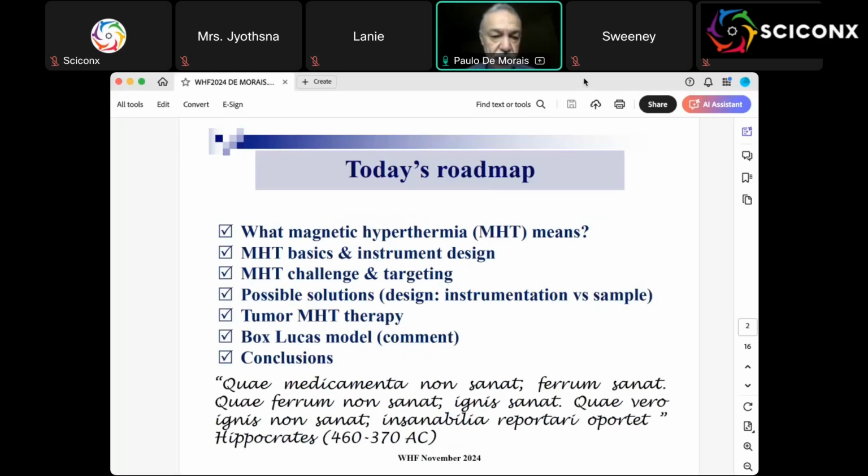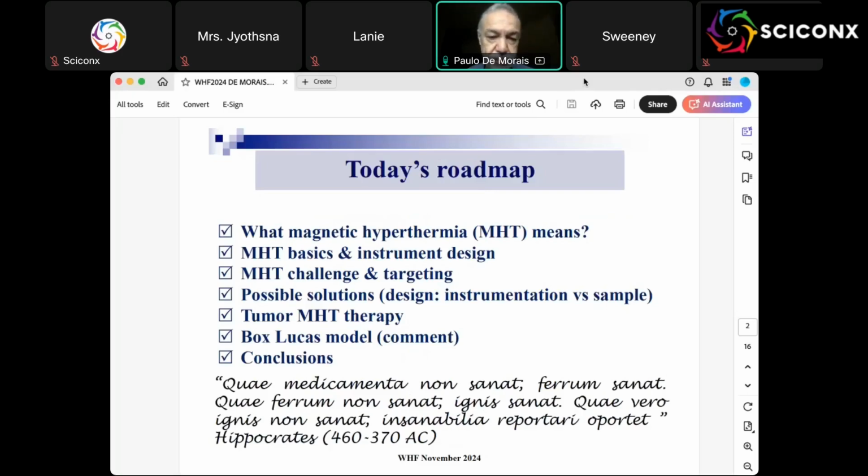As you can see on the lower part of my slide, there is a very strong statement made by Hippocrates, 460 to 370 BC. This is Hippocrates the second, considered the father of modern medicine.